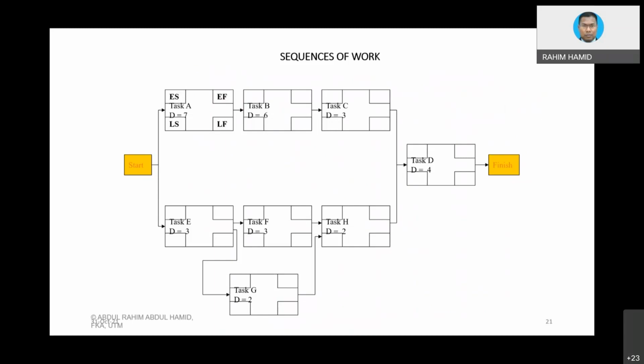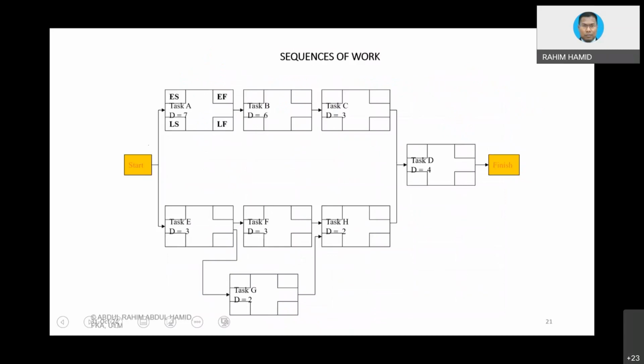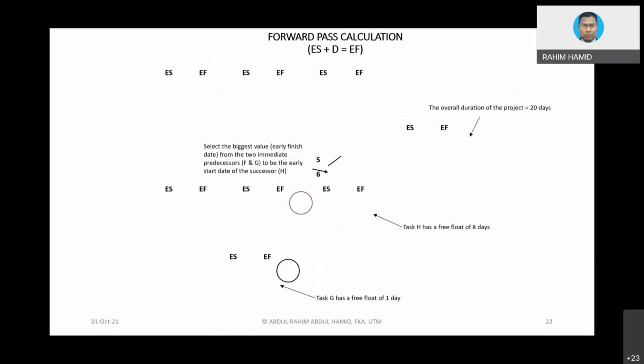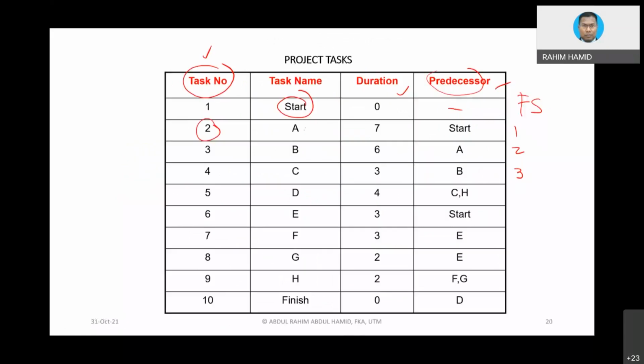Let's go into drawing first. The first activity is start, so we draw the box here, the start. Then we look at which activities connect from start.